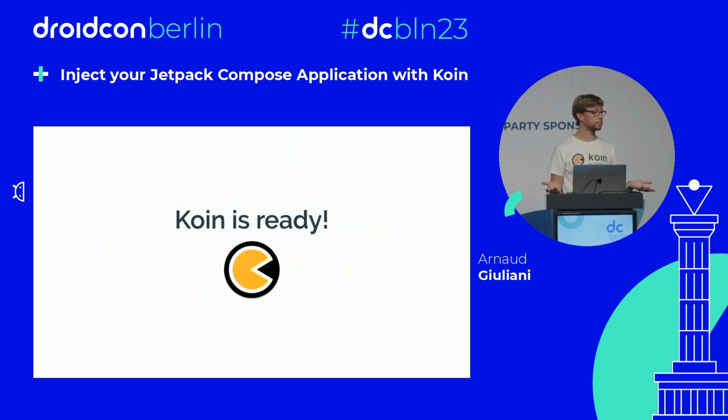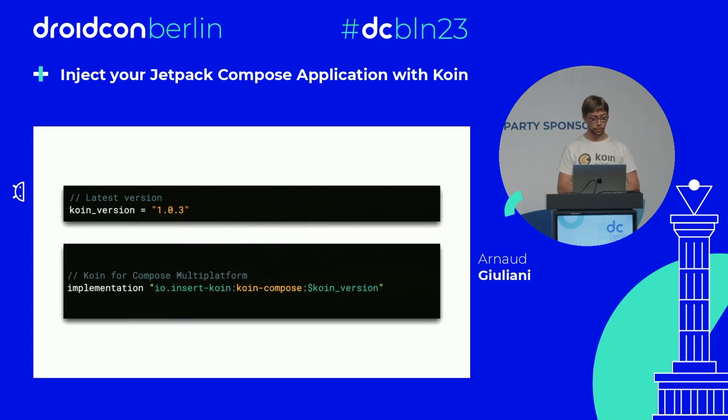And Koin is ready. If you want to make a Compose Multiplatform app with Koin, you can just use the Koin Compose package, version 1.0.3, and then you're done. You have the same API as you've seen before, except the view model one, and then you can play with your Compose application.